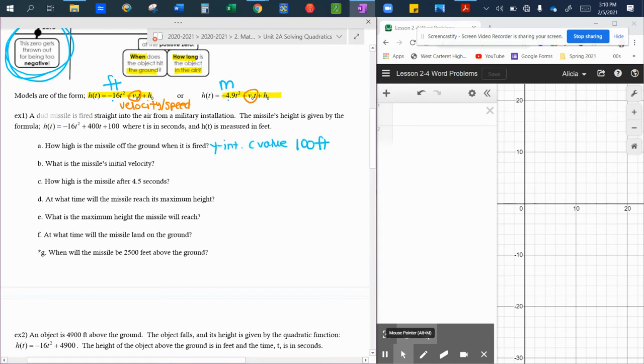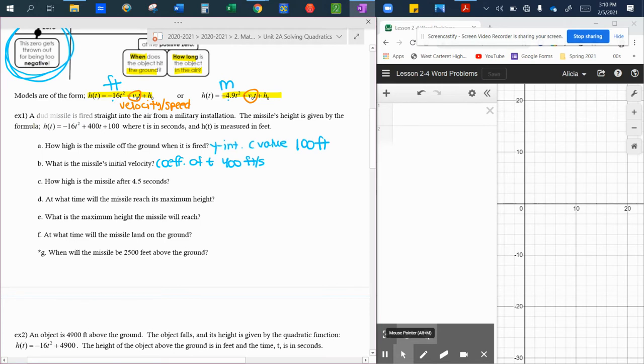And it's really important that we always remember to include our units. When we're asked about initial velocity, that's going to be the coefficient of t. So in this case, that's 400. And velocity is going to be feet per second.